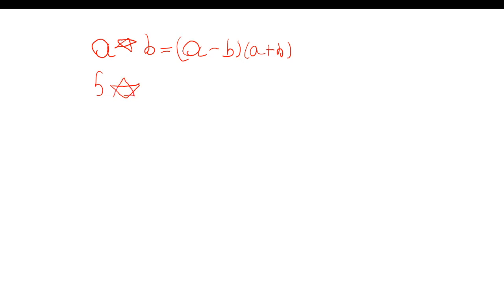Now over here we know that A star B is equal to A minus B times A plus B. Here we let 5 equal A and set B equal to 4. Now we just plug in our values and solve. So we have 5 minus 4 times 5 plus 4. And I'm not going to expand this product because it's easier to just evaluate in the factored form.